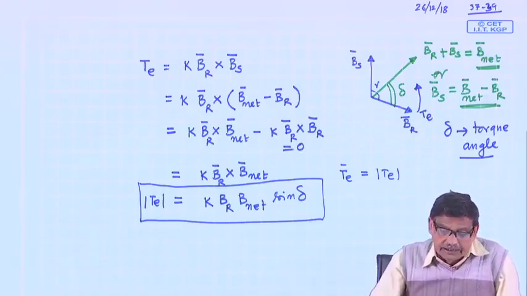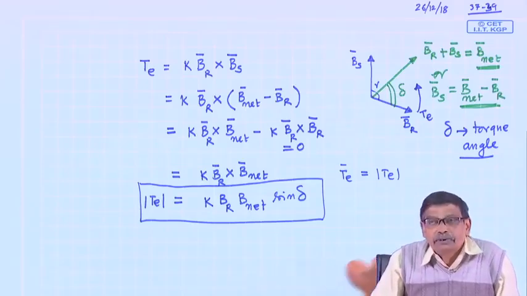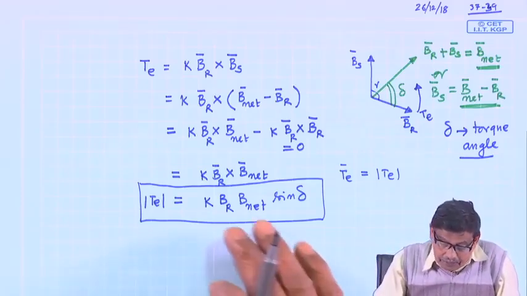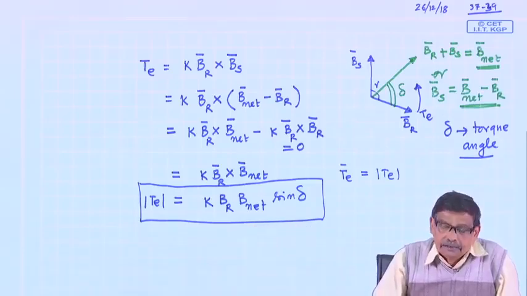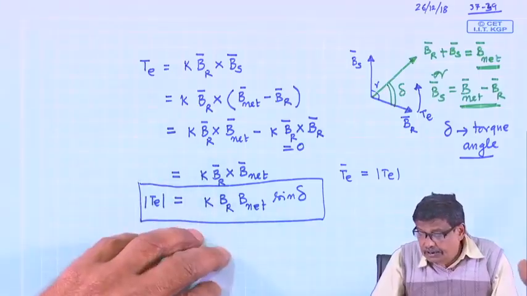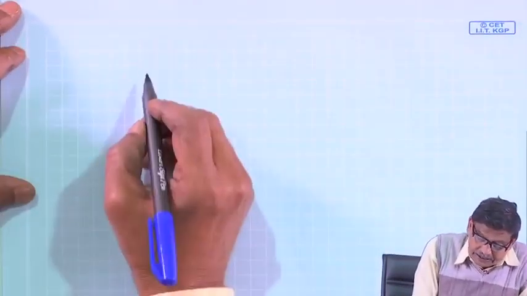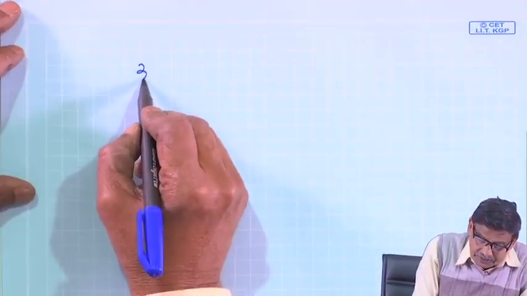Now, after knowing this, we will once again come back to the induction motor and try to apply this, because last time I told you about the 3-phase induction motor, if you recall. This is the discussion we were doing.